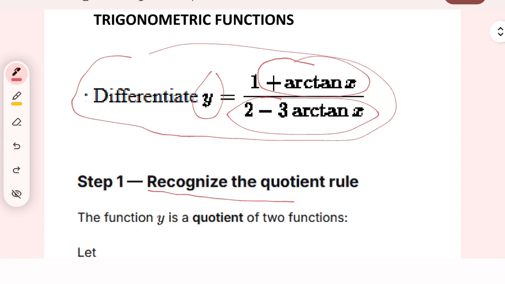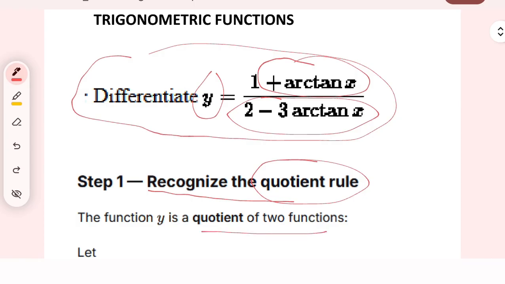Instead of being multiplied, the functions are in fractional form, one fraction divided by another fraction. So that means we cannot apply the product rule. Instead, we will apply the quotient rule.